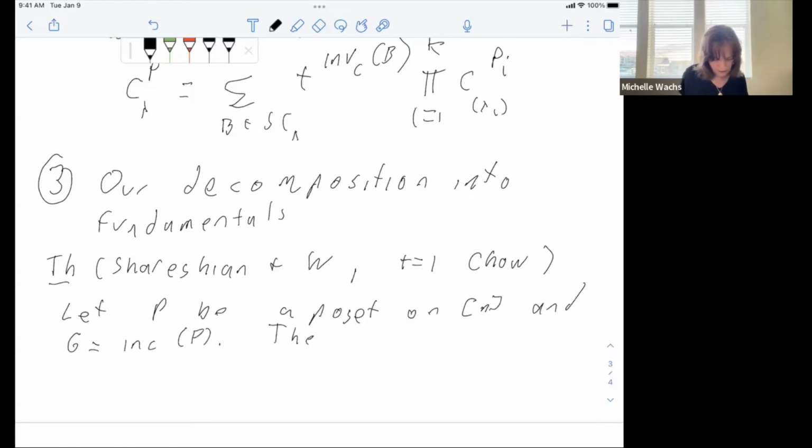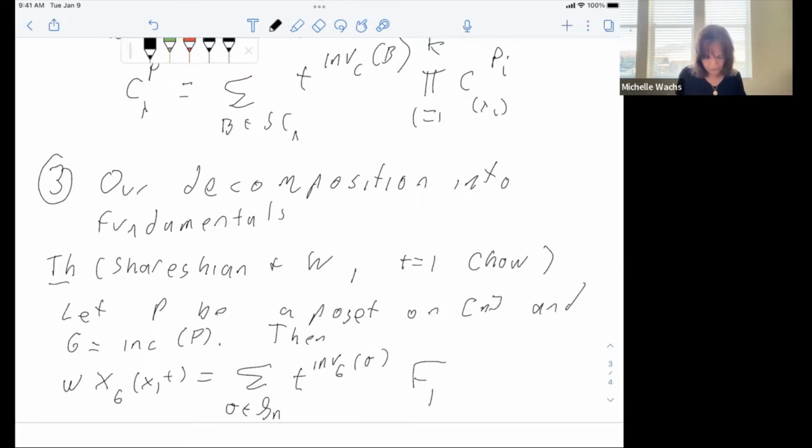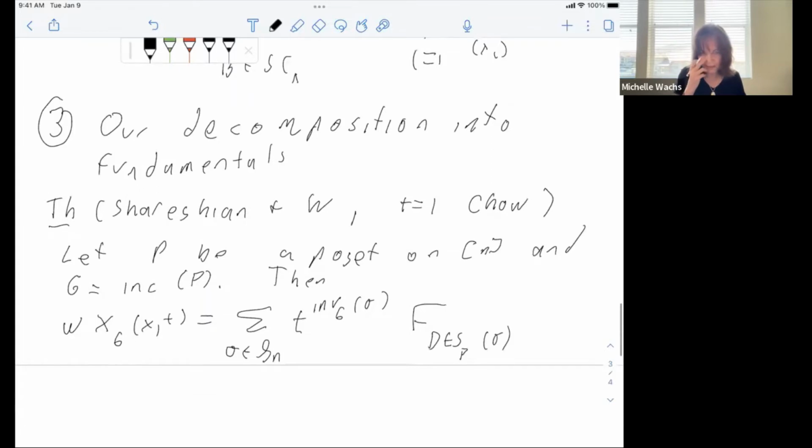Then omega X_G is equal to the sum over all permutations in S_n, t to the inv_G of sigma, F_{DES_P(sigma)}. So that's the P descent set, the place where there are P descents.